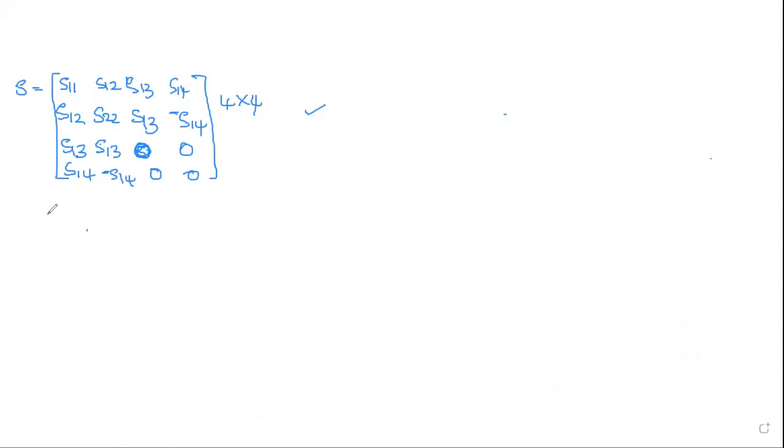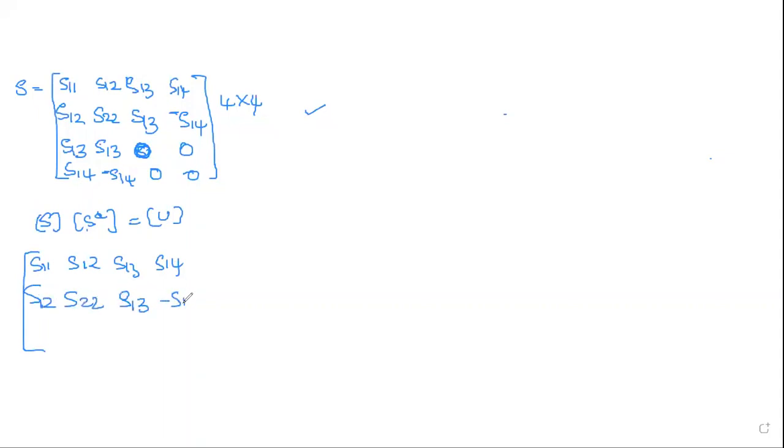So you will be getting S into S star is equal to unity matrix, which will be the matrix with rows S11, S12, S13, S14; S12, S22, S13, minus S14; S13, S13, 0, 0; S14, minus S14, 0, 0. Take the complex conjugate of this.